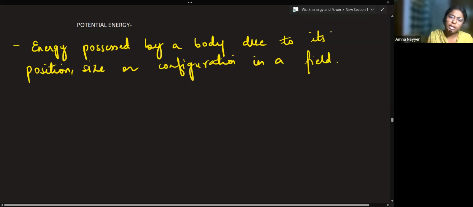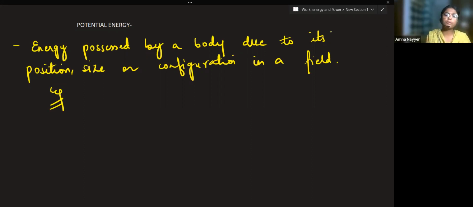You can give any example of energy where any type of conservative force is applicable. Like gravitational force is a conservative force, so you will have gravitational potential energy. When we do gravitation, we'll see this will also come. In class 12, you have electrostatics, right?